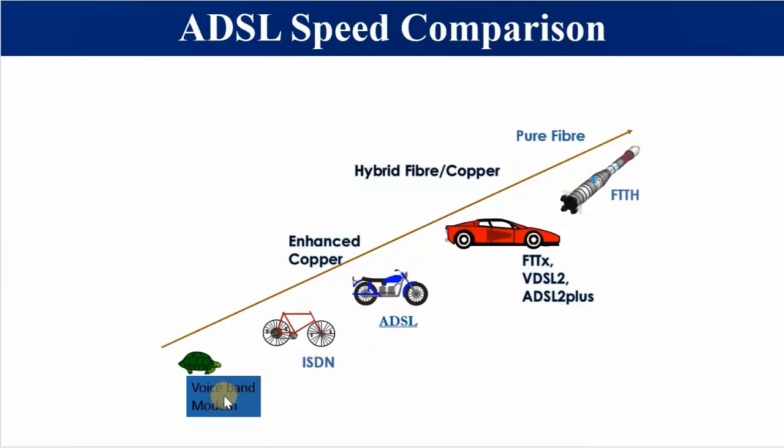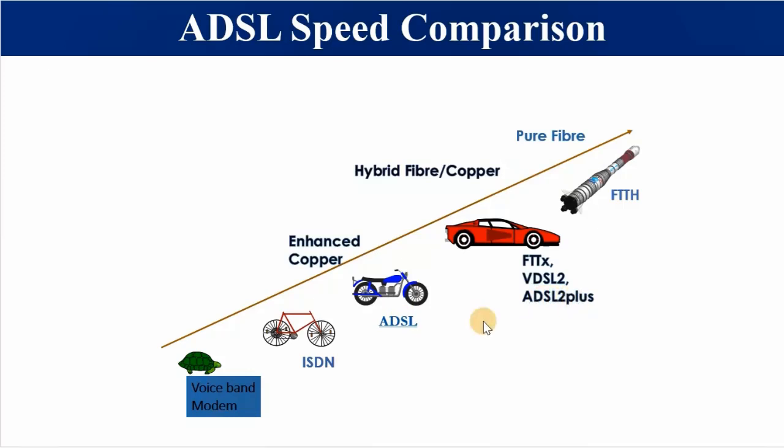ADSL is also faster than dial-up, but we've got some variants or other flavors of XDSL, like very high bitrate digital subscriber line 2. This is a standard of ADSL.